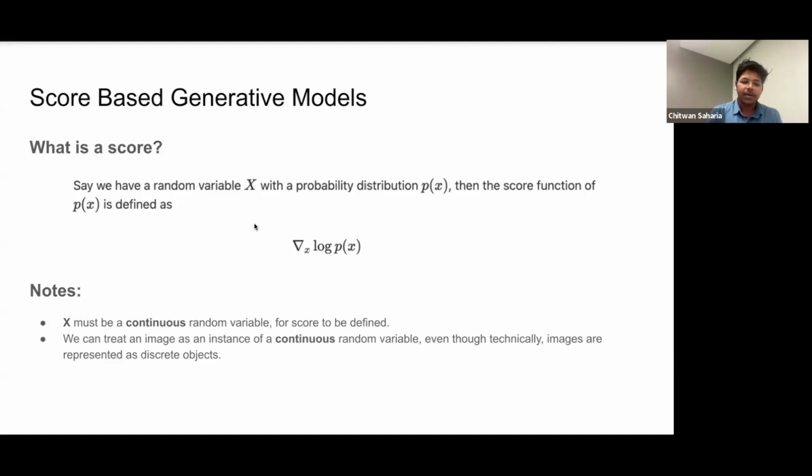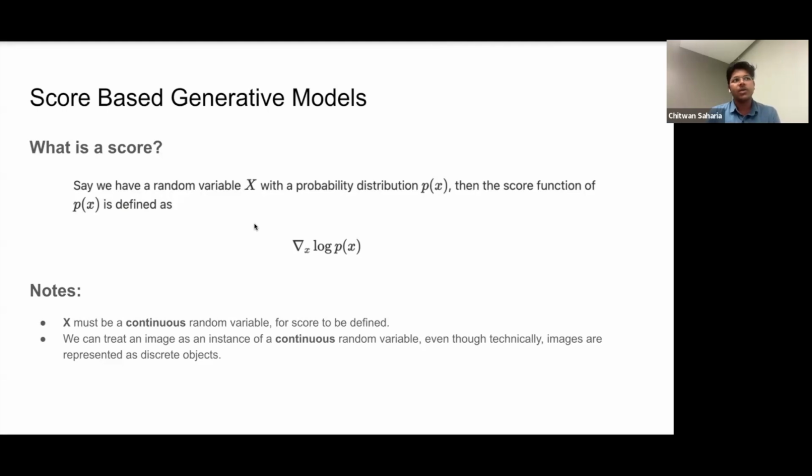I mentioned earlier that an image is basically a discrete tensor, but you can make it continuous for the purpose of score modeling and diffusion models. For example, we describe images as numbers between 0 and 255, which are the pixel values. But you can normalize them between 0 and 1 and treat them as a continuous variable.